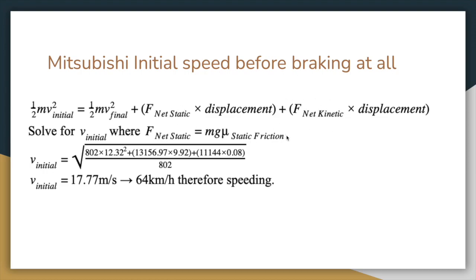Now when we put this into our formula, you can simplify it, but for the purpose of demonstration, we've included all the values put in, and we get an answer of 17.77 meters per second, or 64 kilometers per hour, which means the Mitsubishi is speeding on Ballarat Road with a speed limit of 60 kilometers per hour.